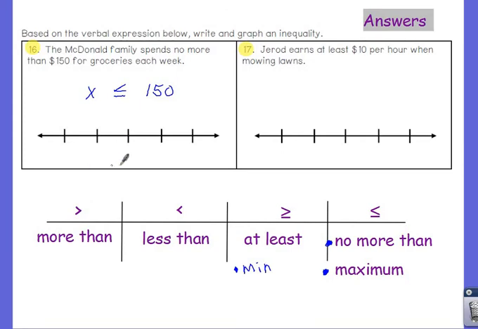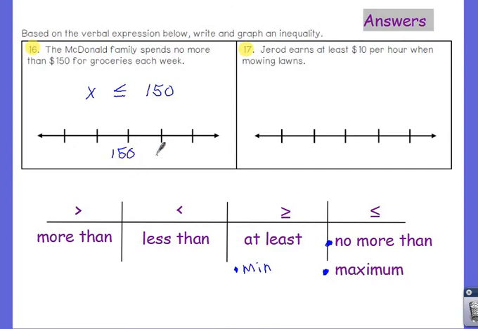So we can draw a graph to show all the possible amounts they could spend on groceries. I don't see any numbers here. Well, what number needs to be included? Where do you want to put it? On the second to last. Does it matter where I put it? No. The middle makes me happy.